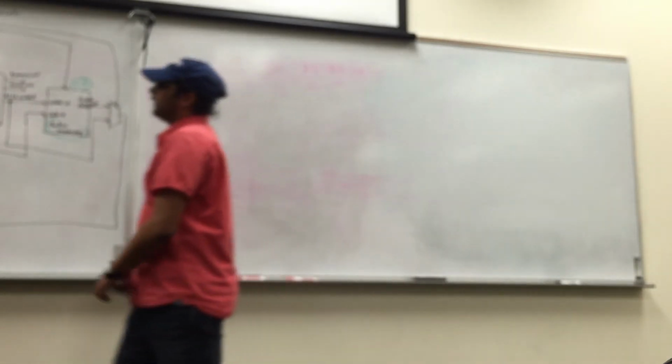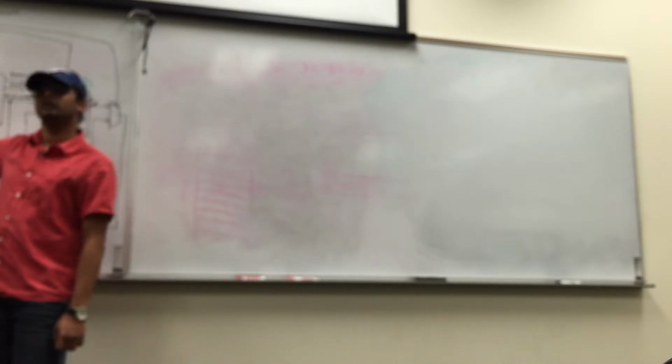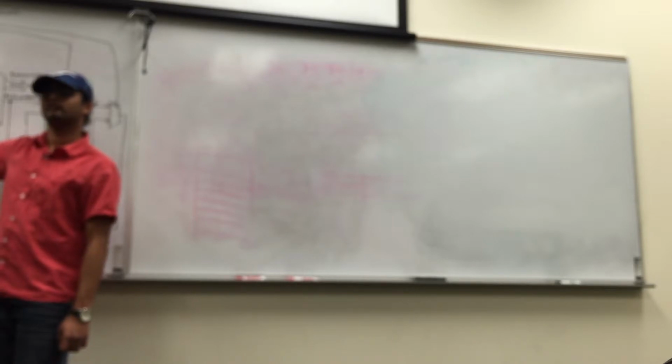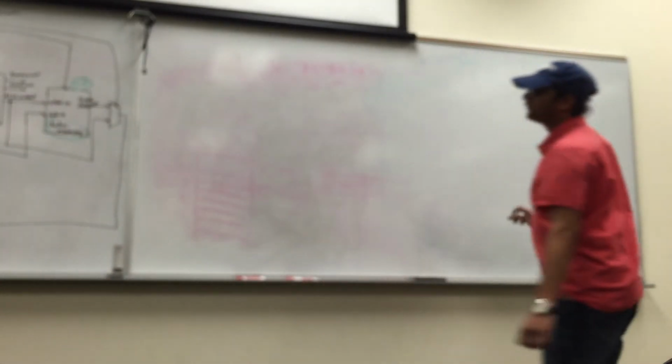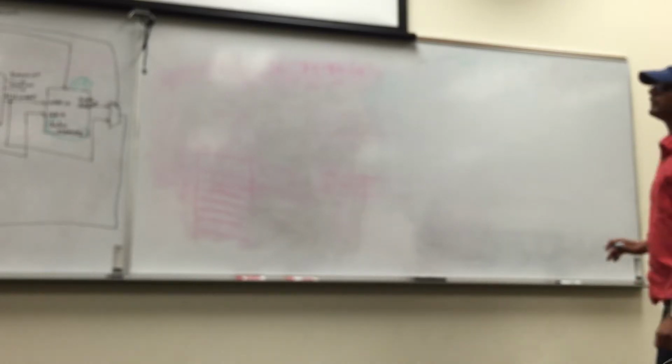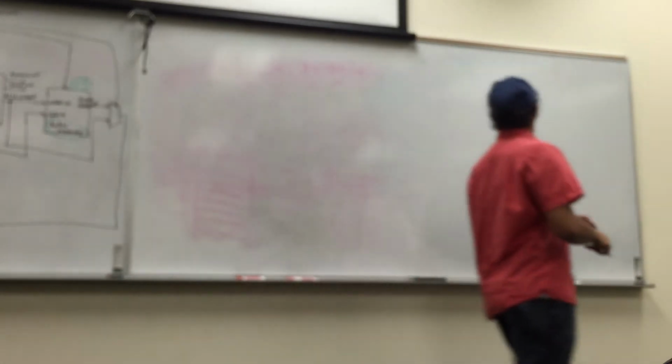All right. So instruction memory is done. Do you guys remember the register file? Yes? No? Okay. Can you tell me the entity of the register file given in the problem statement?